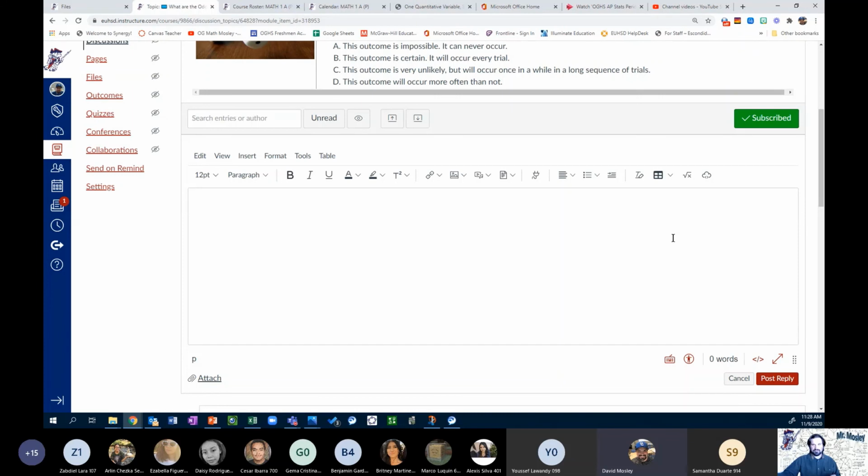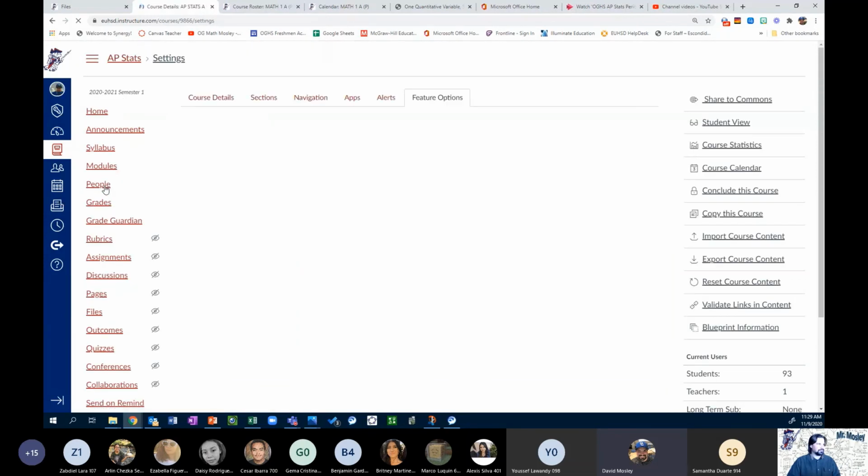The other one, essentially the best you can do is attach the file of the picture, which I could then click on and download and view. But if you want to just embed the picture, in this editor, it's a lot easier to do. To change that, you will go to your settings within the course.